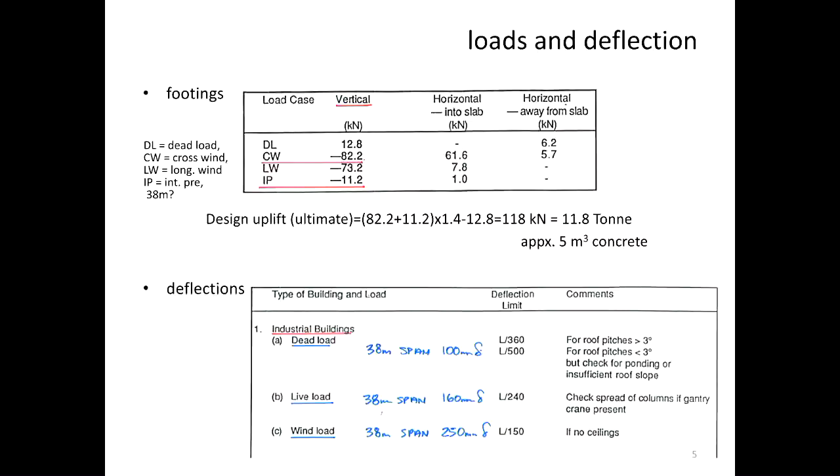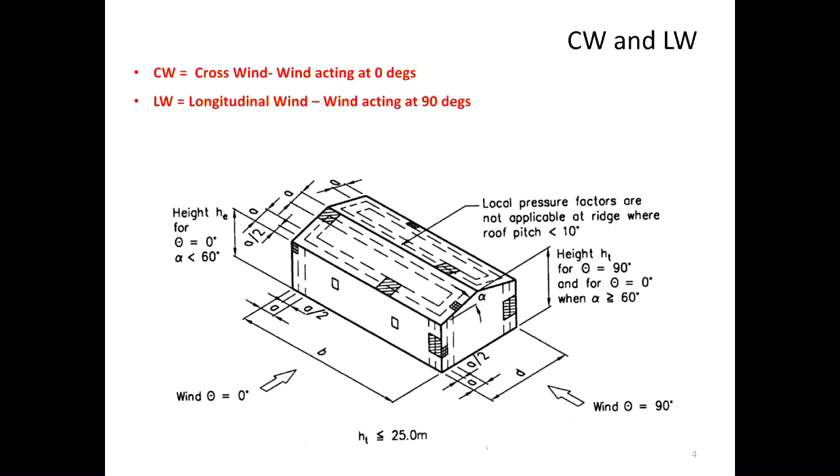So to calculate the uplift load when you have wind, you consider one case at a time. So you have crosswind, and crosswind and longitudinal wind cannot happen at the same time. It's one or the other, because the structure is at 90 degrees. Although sometimes you have wind coming from the corner, usually from statics that itself resolves into X and Y loads.